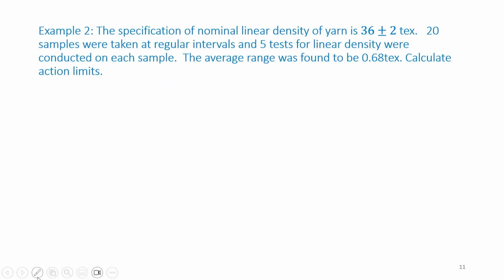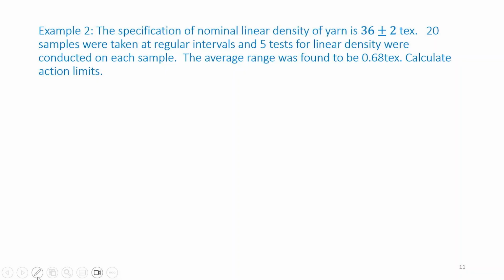Now we are going to look at an example. The specification of nominal linear density of yarn is 36 plus minus 2 tex. That is what is given. 20 samples were taken at regular intervals and 5 tests for linear density were conducted on each sample.